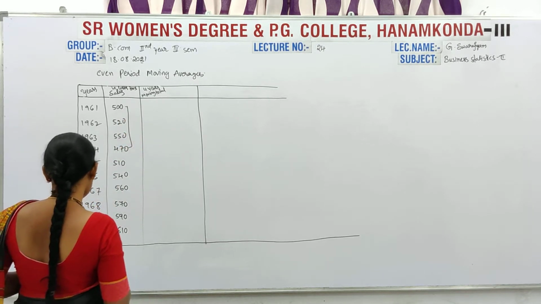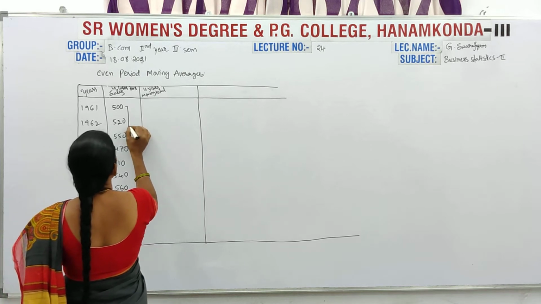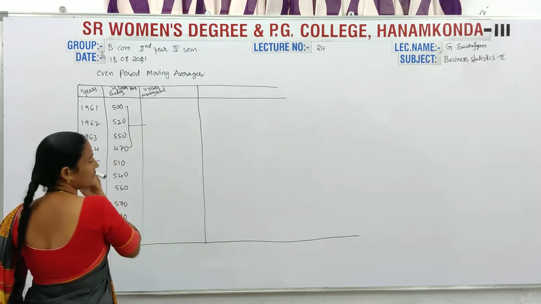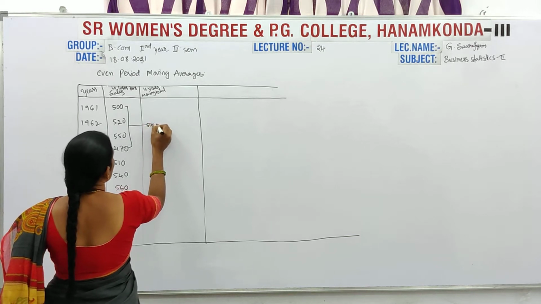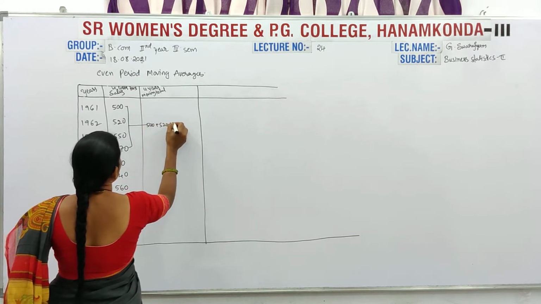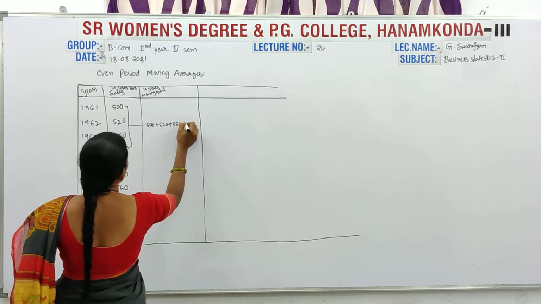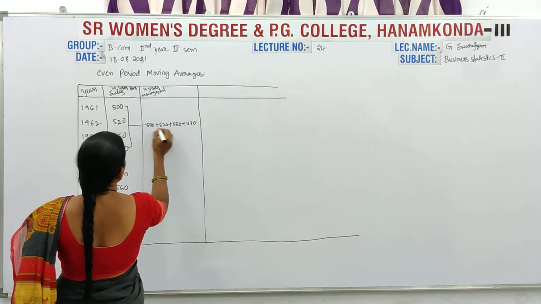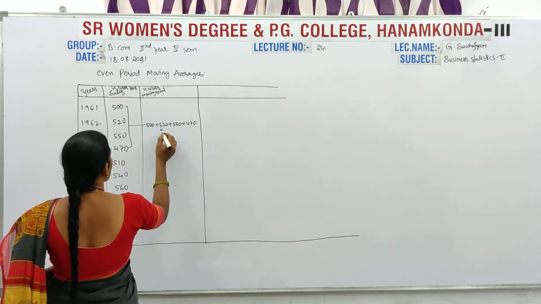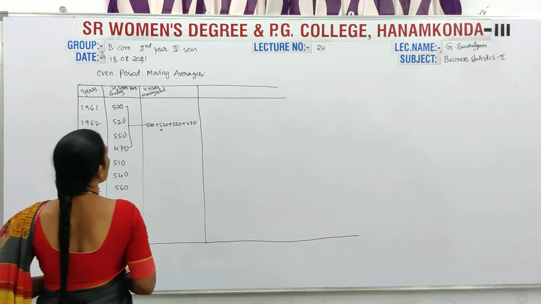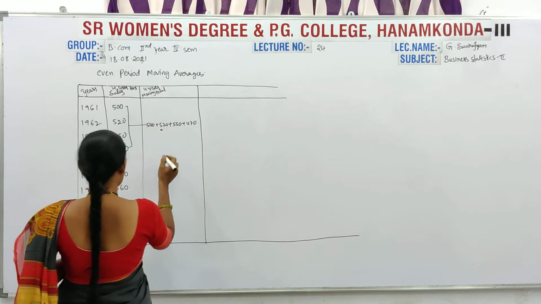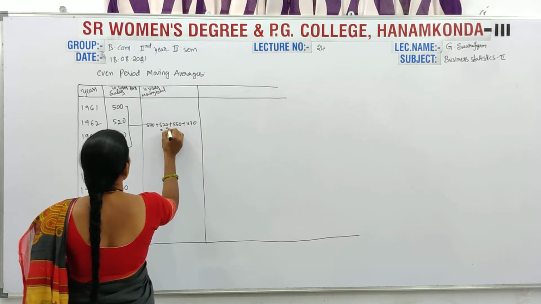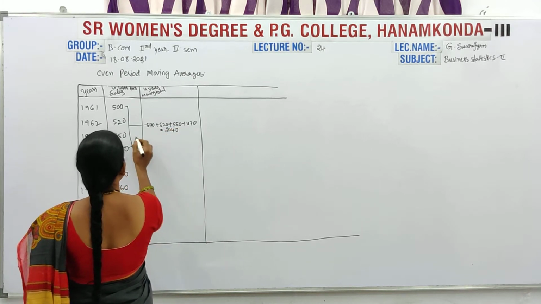So here you write the total amount: 500 plus 520 plus 550 plus 470, the total is 2040. Right?